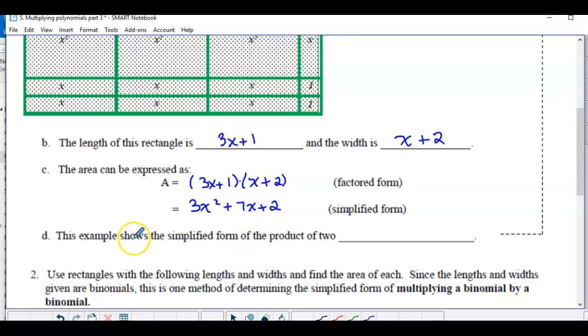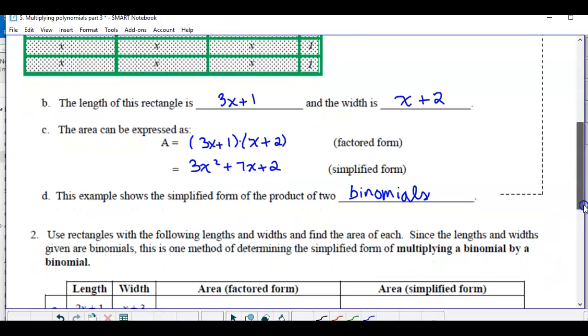So this example shows the simplified form of the product of two binomials. A binomial is 2 terms, multiplied by 2 terms. And there's the simplified form.